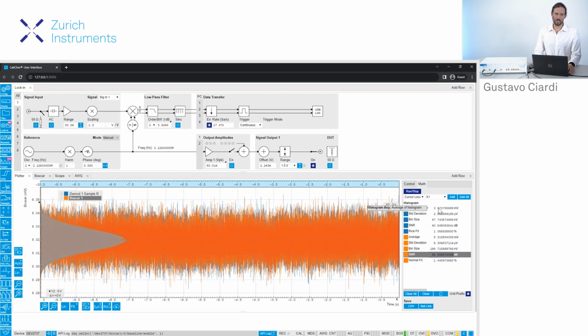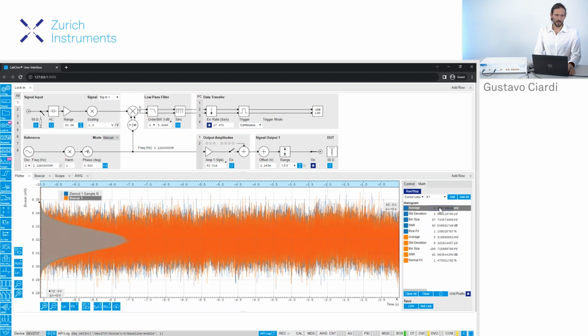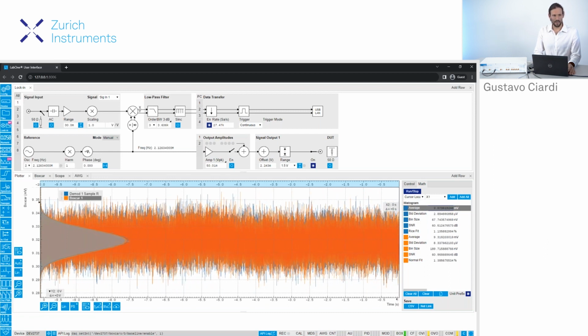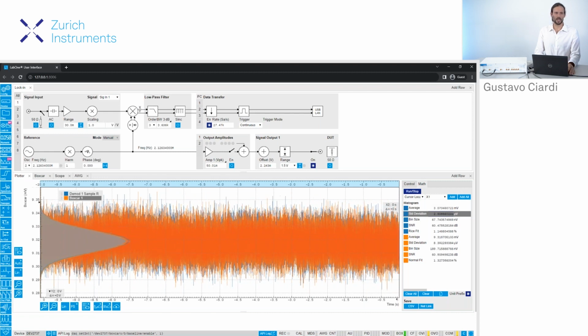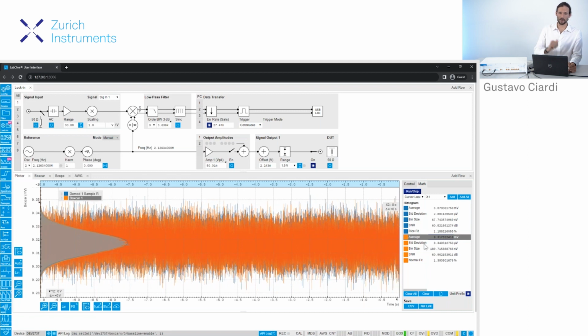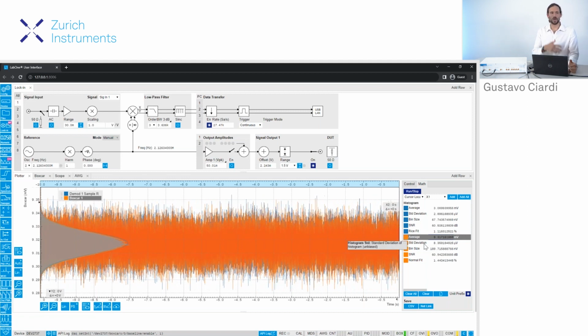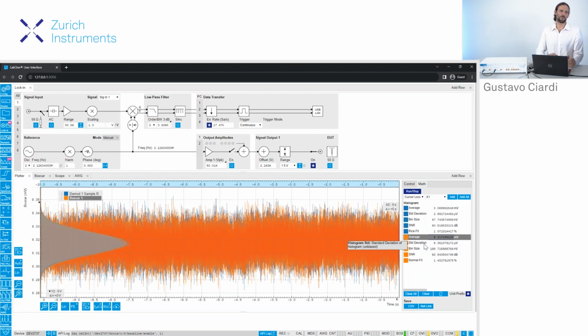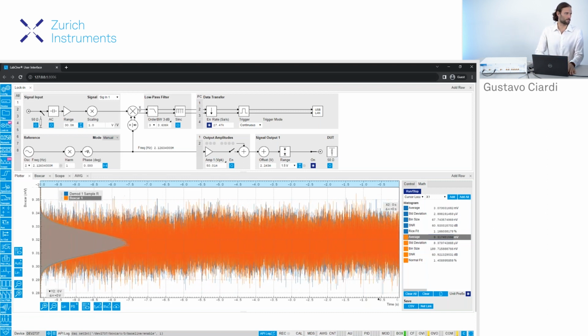What is interesting to see is that for the lock-in measurement, the blue line, we are measuring an average of about 3 millivolt, while for the Boxcar averager we are measuring a higher average value, because we are also integrating, summing all the contributions from the higher harmonics.